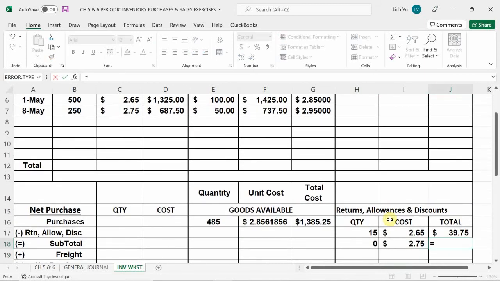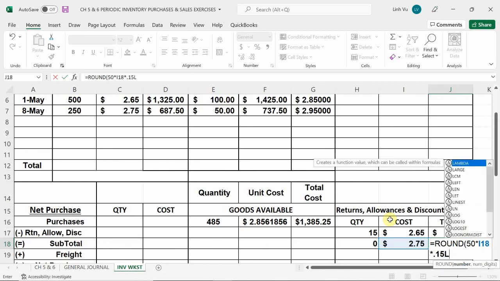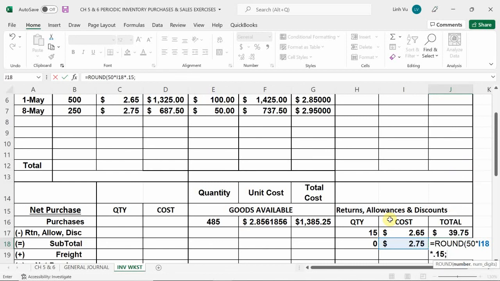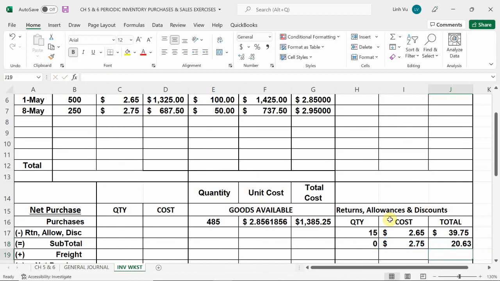And we're going to calculate whatever 50 times 275 is, times 0.15, comma, 2. That gives $20.63.